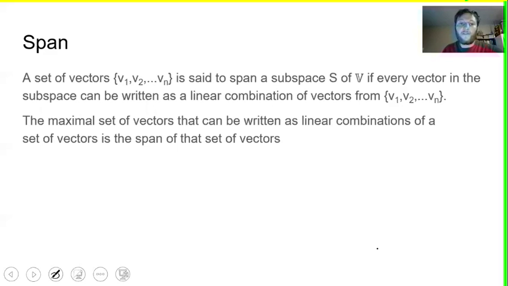So this set of n vectors would maybe span a subspace of dimension n or maybe less than n. Let's do an example, I have an example later, so we'll do that. The maximum set of vectors that can be written as a linear combination of any set of vectors is called the span of that set of vectors.